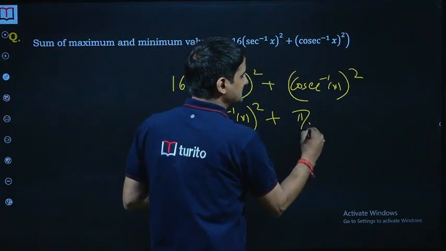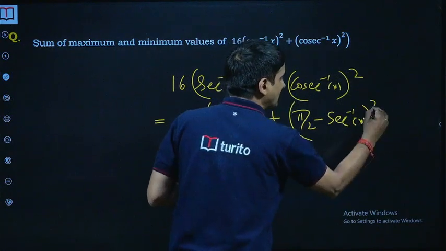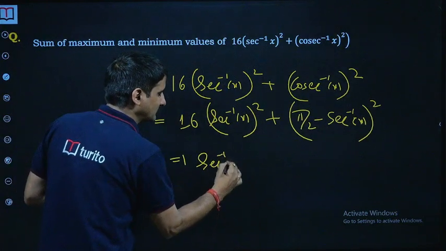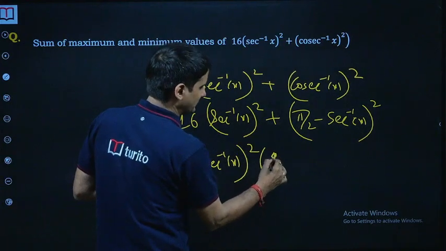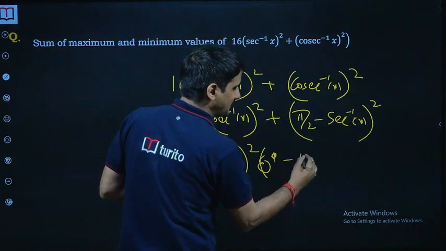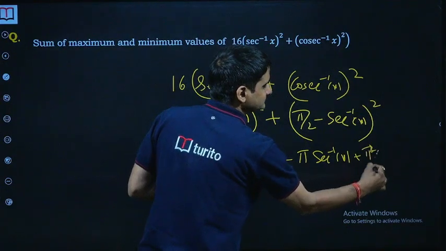So I will replace it with pi by 2 minus sec inverse x whole square, and then you have a quadratic in terms of sec inverse x. So you have sec inverse x whole square times 16 plus 1, that's 17, and then minus pi sec inverse x plus pi square by 4.